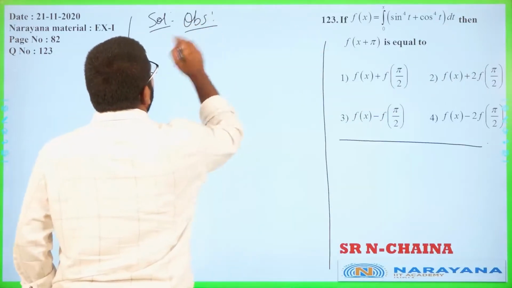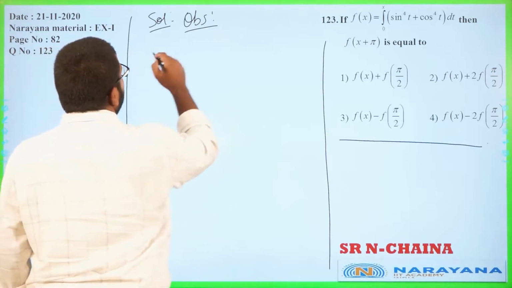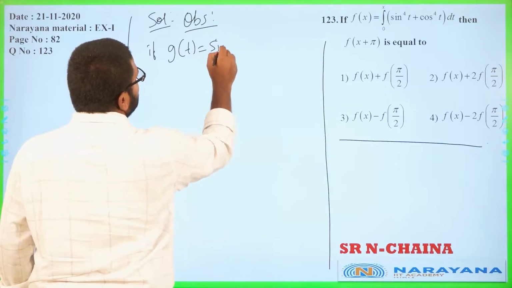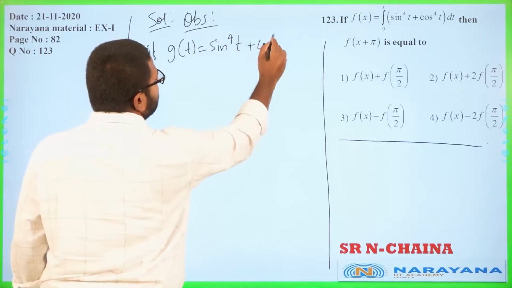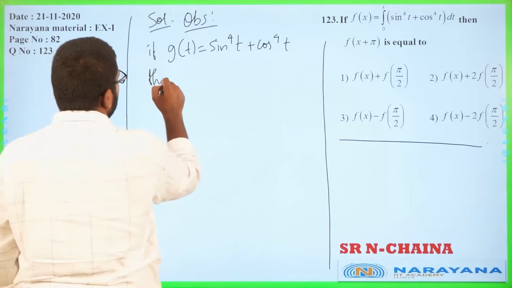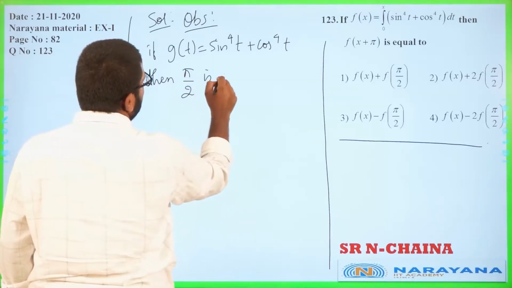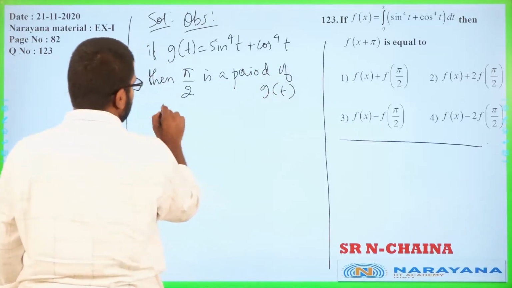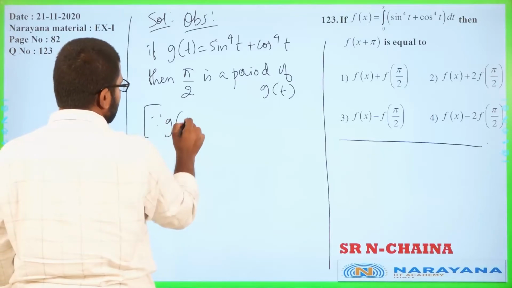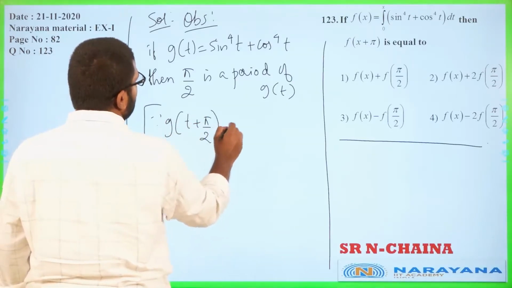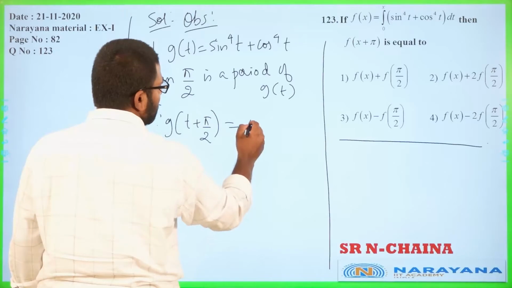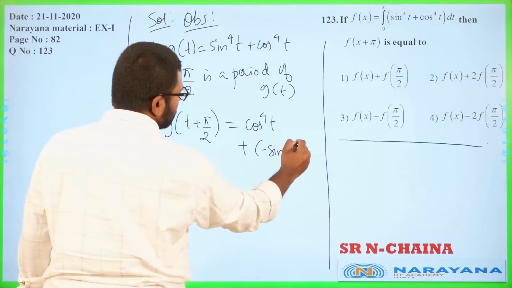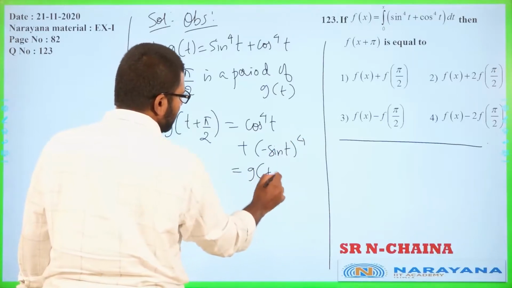Observe, if g of t is sin raised to 4t plus cos raised to 4t, then pi by 2 is a period of g of t. Since g of t plus pi by 2 becomes cos raised to 4t plus minus sin t raised to 4, which is anyway g of t.